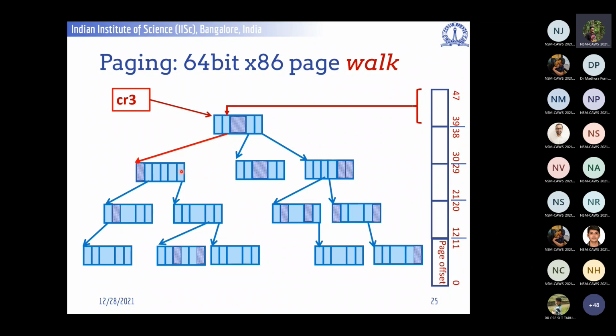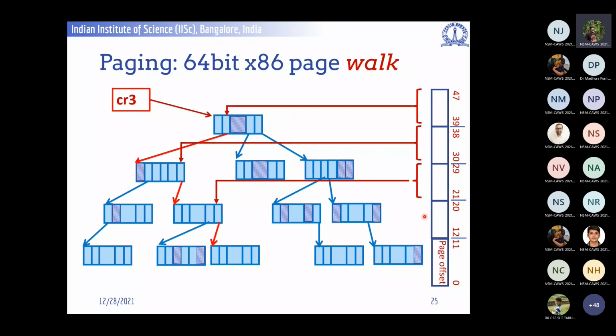Once you find that, you use the next 9 bits to find out which of the 512 entries in the next level you should look up. From there, you get a pointer to the third level. As you get pointed to the third level, you use the same trick, the next 9 bits, to figure out which of the 512 children you should look up. That will take you to the leaf level.